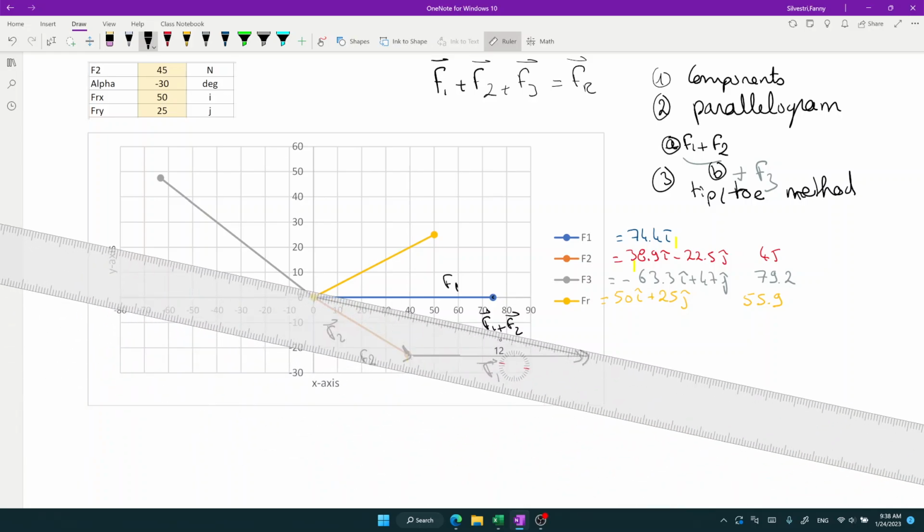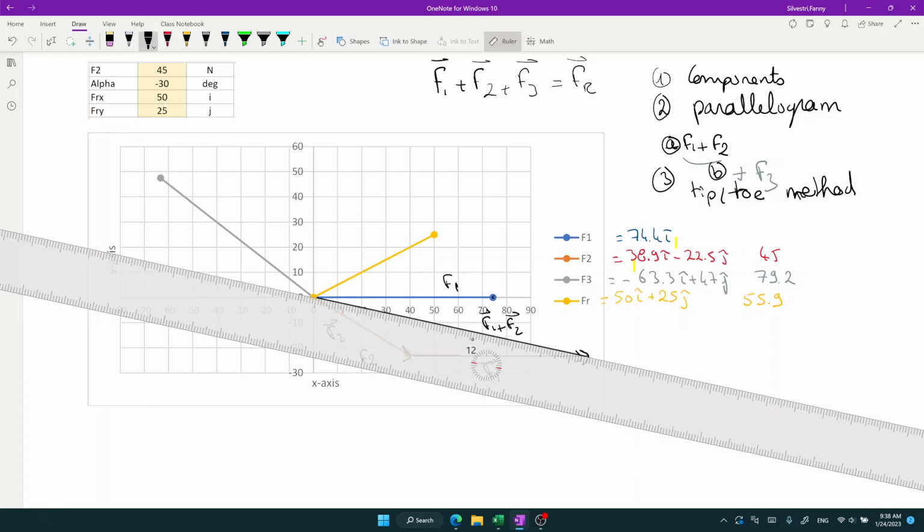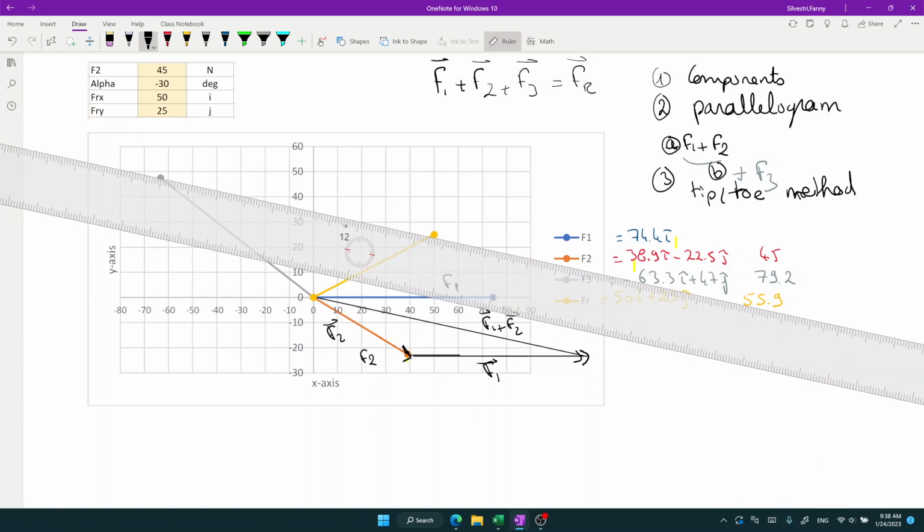And now I will move my f1 plus f2. So I need to check the length. This is 1, 2, 3, 4, 5, 6, 7, 8, 9, 9.5 centimeters for me. So I will move my ruler and draw a vector of 9.5.